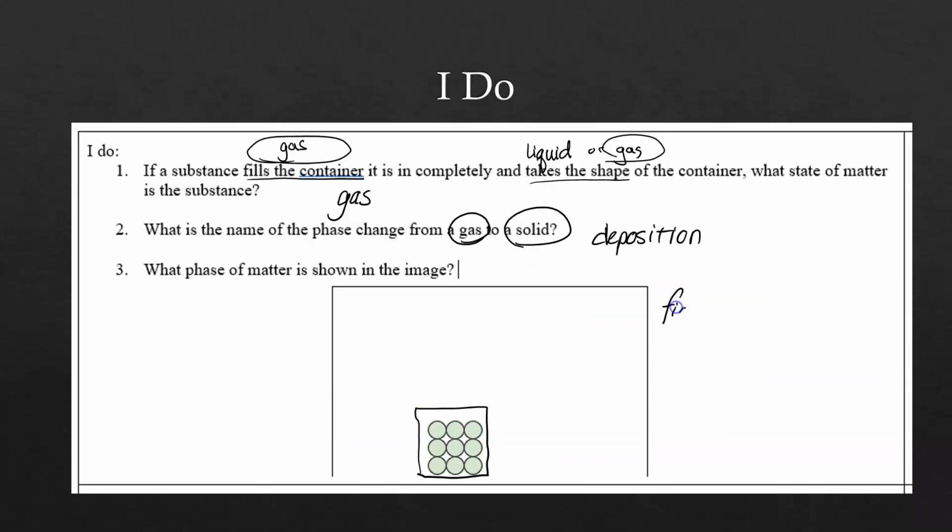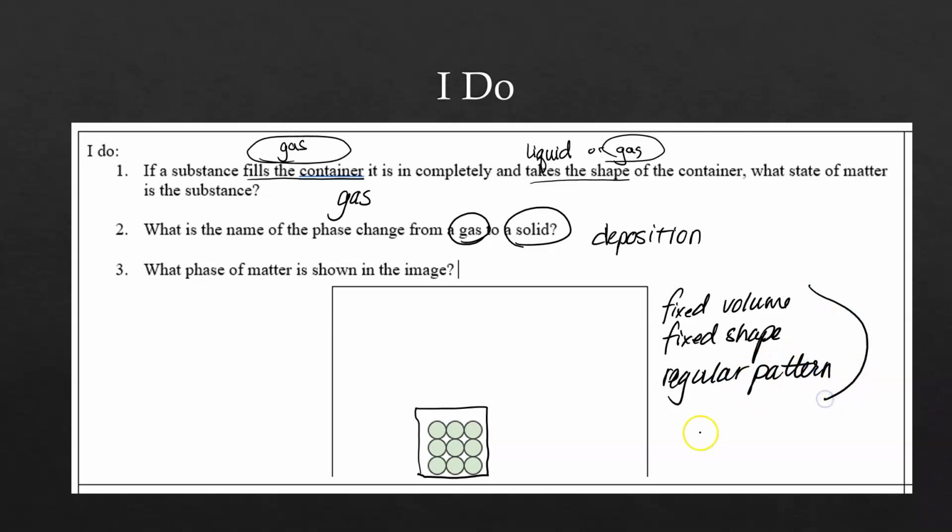So fixed volume, fixed shape. We also see that it has a regular pattern. These are all characteristics of a solid, if we look back at the beginning of our solid summary.